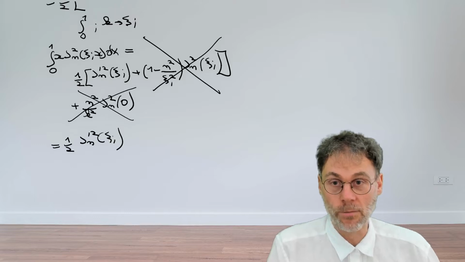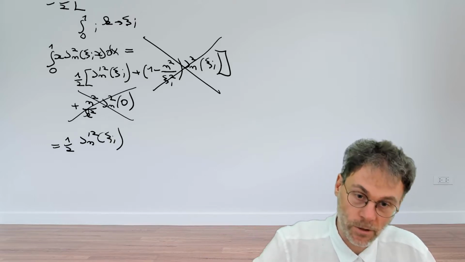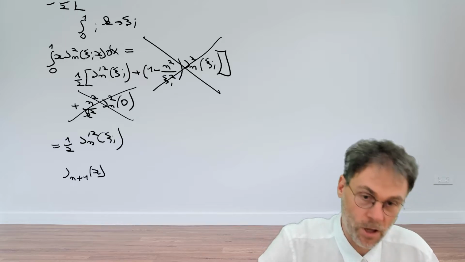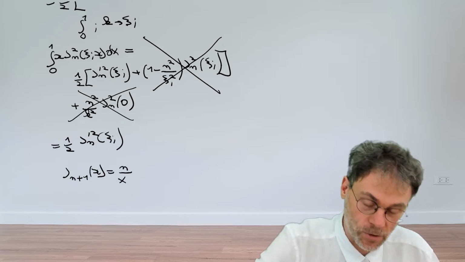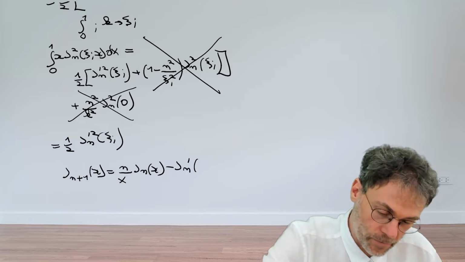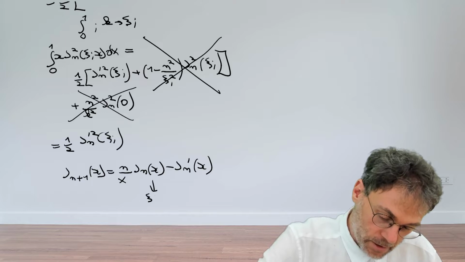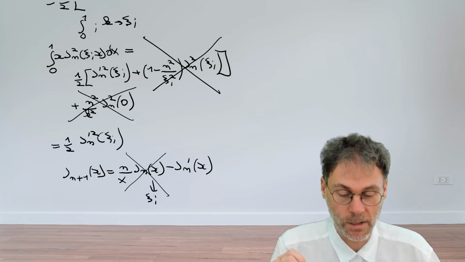And that looks simple enough, but we can have a final cosmetic transformation by getting rid of the derivative and expressing that in terms of a Bessel function of 1 order higher, as we've done before. So this is the recurrence relationship here that we're going to make use of. And if we replace x by psi I, since psi I is 0 of the Bessel function, this thing cancels.